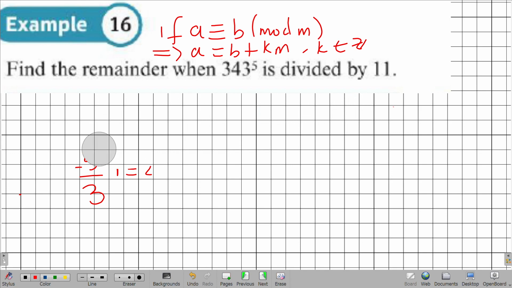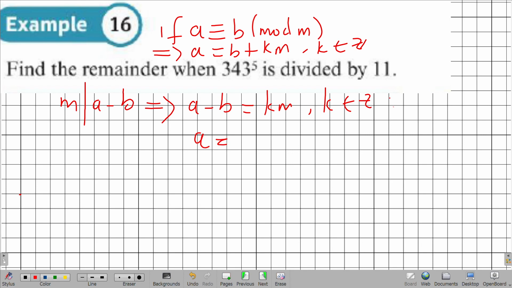Now, we extend it to the definition, because in mathematics, notation is everything. If A is congruent to B, it means M divides A minus B. Which means by the Euclid division algorithm that A minus B is equal to Km, where K is an element of the integers.